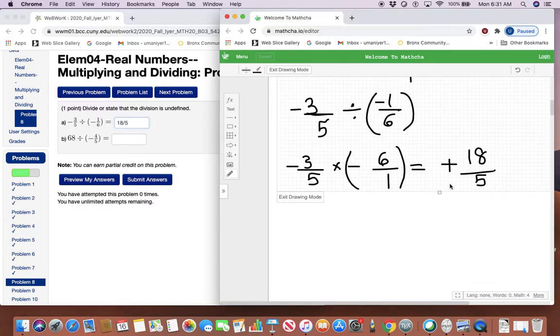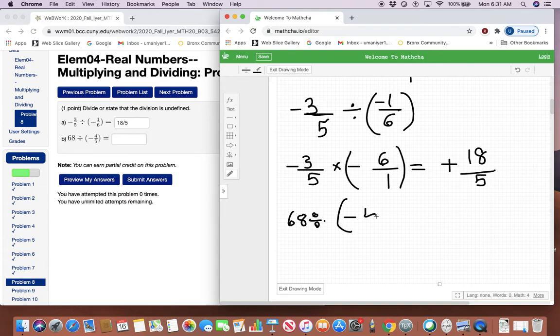Okay, the next one, 68 divided by negative 4/5. Again, division by a fraction is multiplication by the reciprocal.